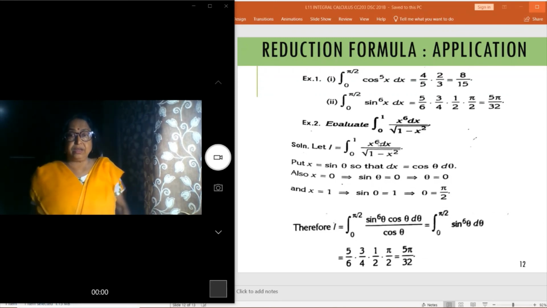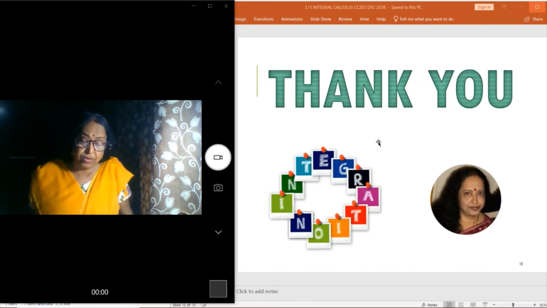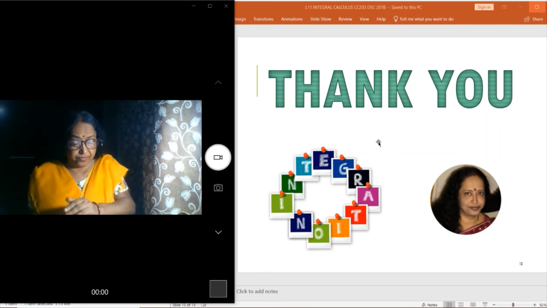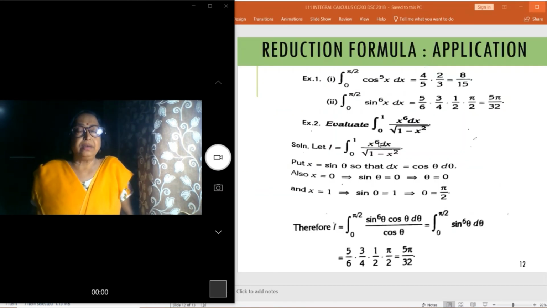Now, after putting these values, we get sine to the power 6 theta d theta from 0 to pi by 2, which can be written as: I start from the denominator 6, then 5 in the numerator, then 4, 3, 2, 1, and then pi by 2, because it is an even number, and its value is 5 pi by 32.